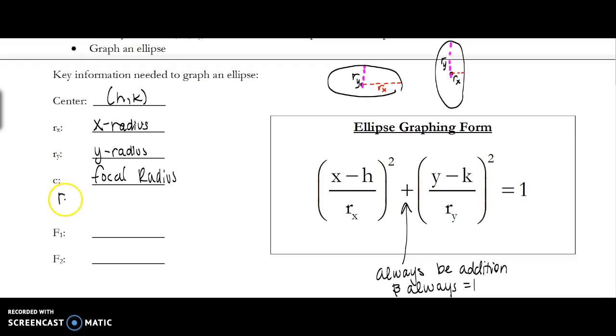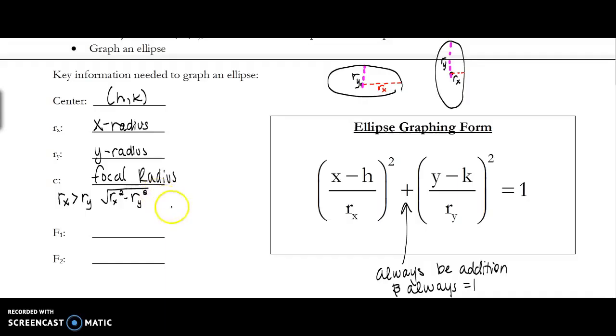So if our x radius is bigger than our y radius, so this example right here, then what we're going to do is take the square root of our x radius squared minus our y radius squared.